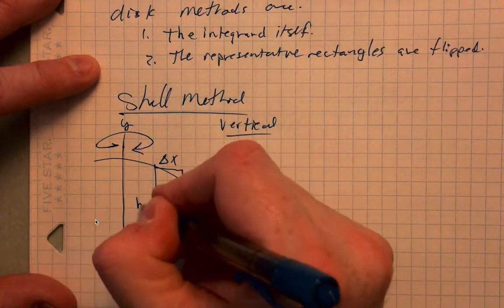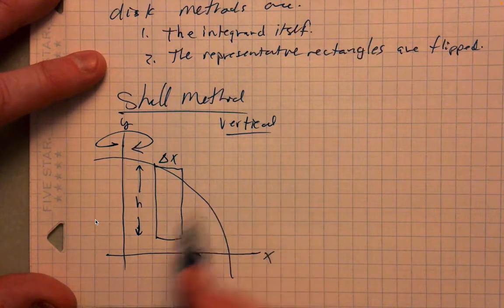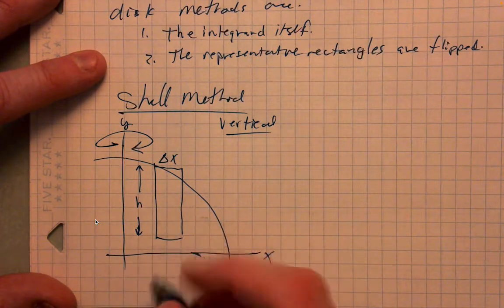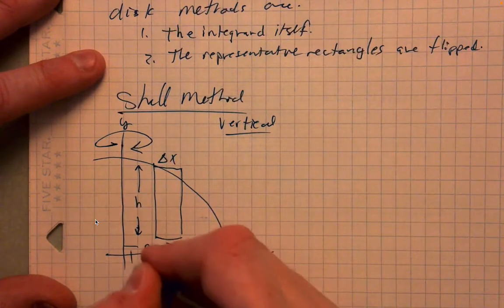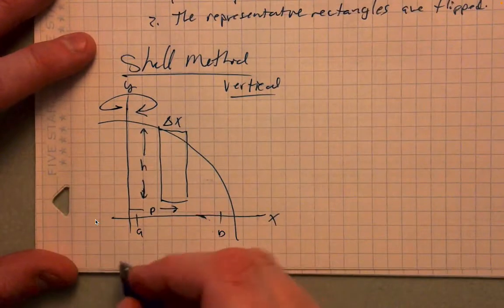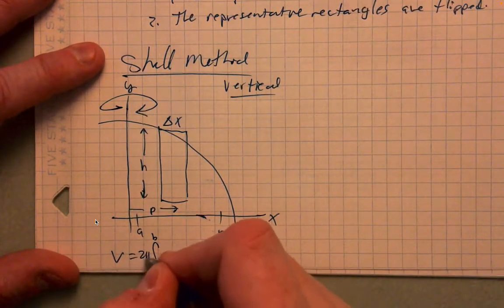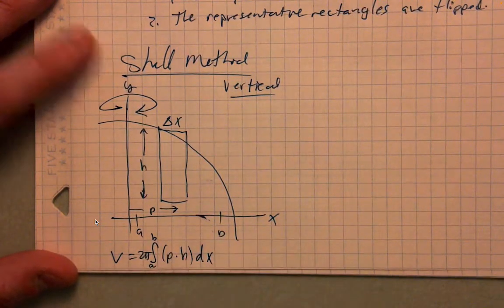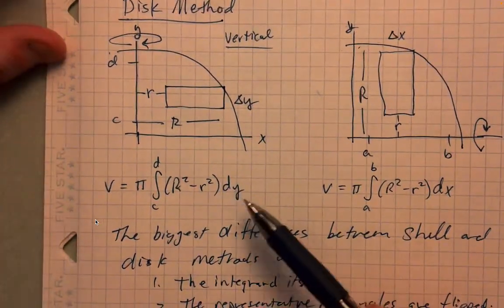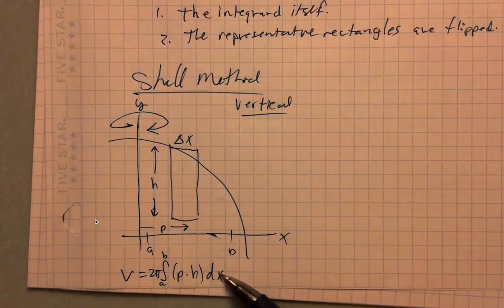We're going to have an h, which is a function of x, and we're going to have a p, which is also a function of x. So the volume here was equal to the integral from a to b. Don't forget the 2 pi. And then it's p times h dx. Remember, it's exactly the opposite. Here you're integrating with respect to y. In the shell method, you're integrating with respect to x.